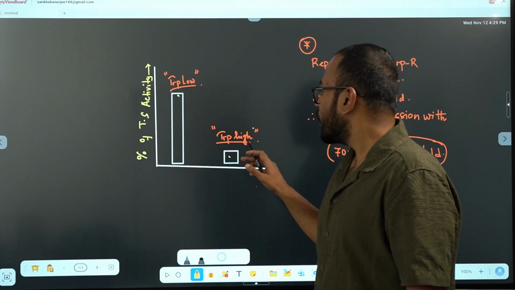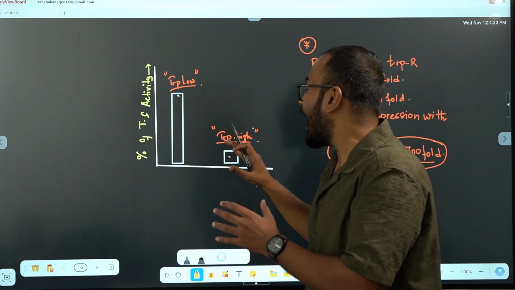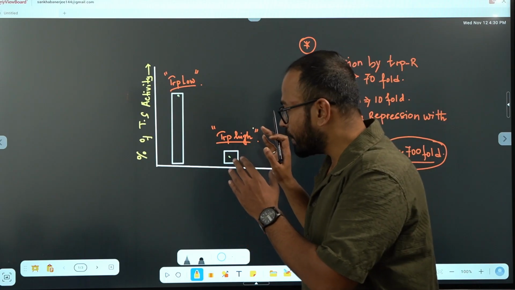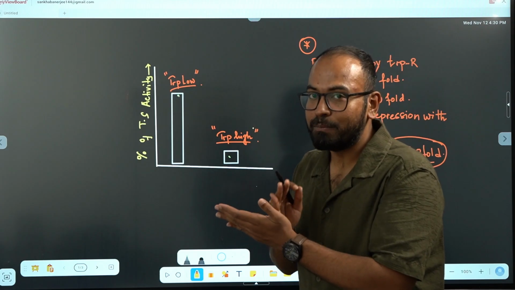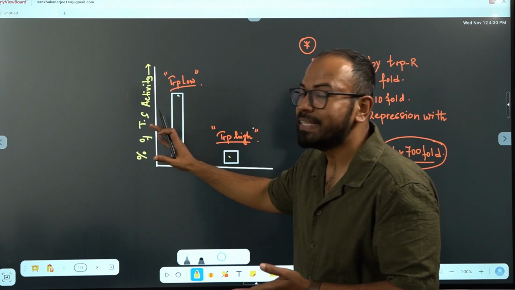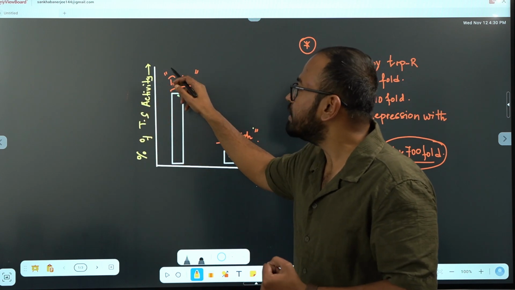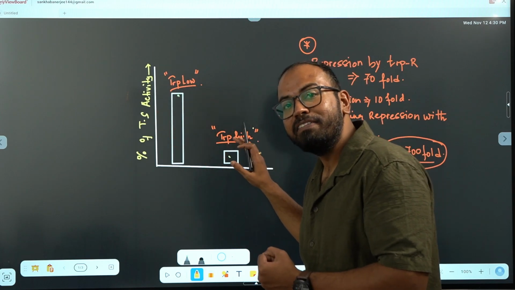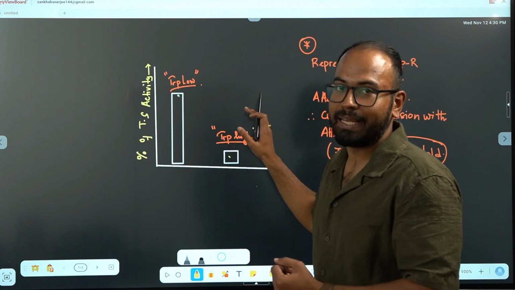Similarly, when the overall tryptophan level is high within a cell, then the amount of tryptophan synthase will be low. So, try to remember, tryptophan synthase is one of the most important enzymes in this entire pathway. If tryptophan synthase activity is high, the overall tryptophan level within the cell should be low, and when the tryptophan synthase activity is low, the tryptophan level should be high.